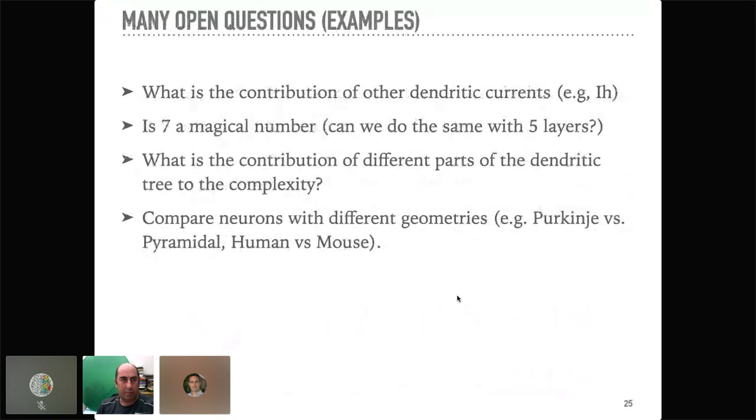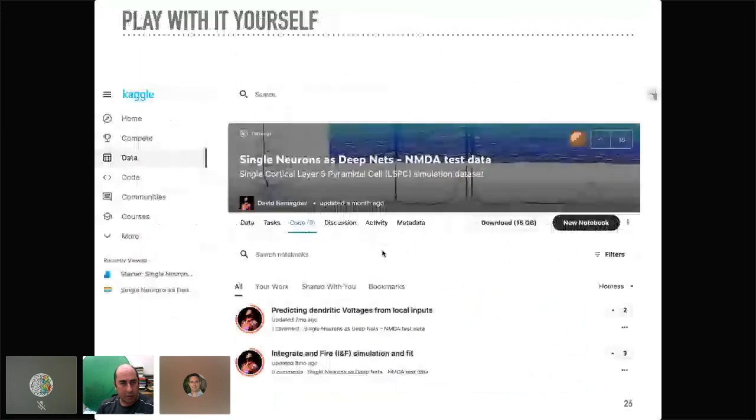There are many other questions that we can ask. I will skip that for the benefit of time. But I want to tell you that you can go to Kaggle and look for the page of David. His username is Selfish Gene, so you can find him easily.